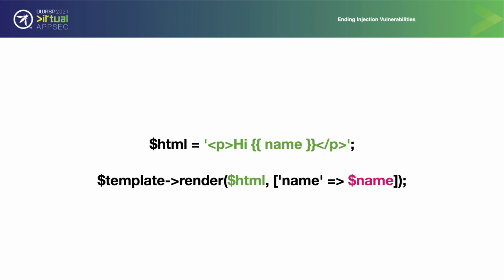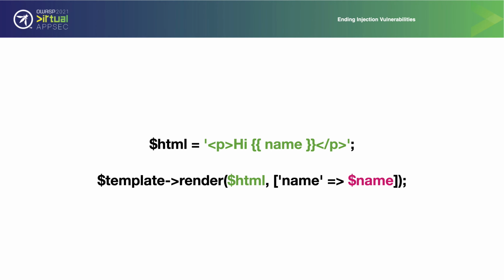So what we should be doing instead is using a library to build our HTML. The library has an understanding of the HTML. It knows how to escape values, and it understands the different contexts those values can appear in. So the HTML will typically come from a static file, or in this case, a string. This is more common if you're using small snippets of HTML.